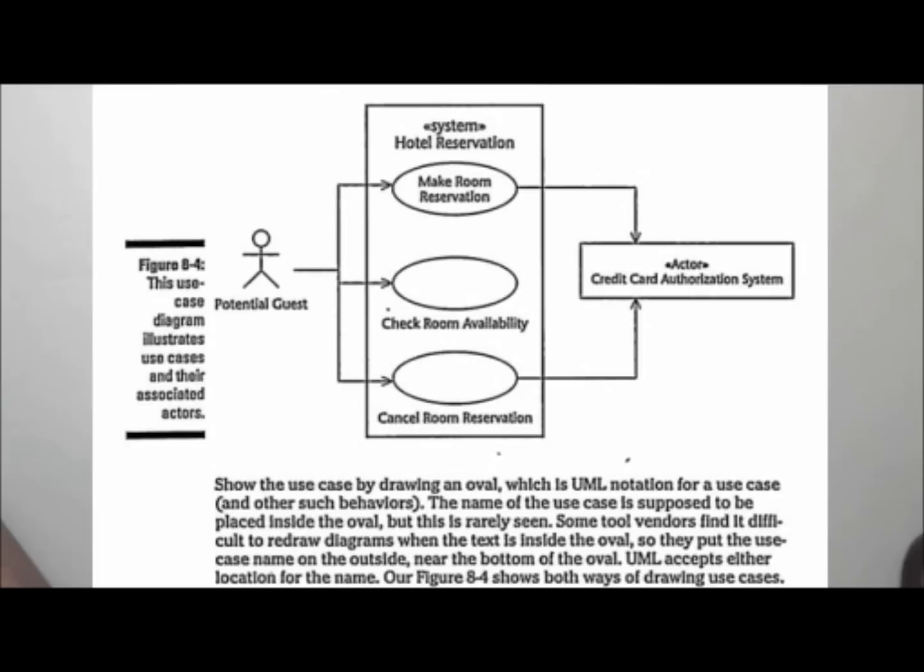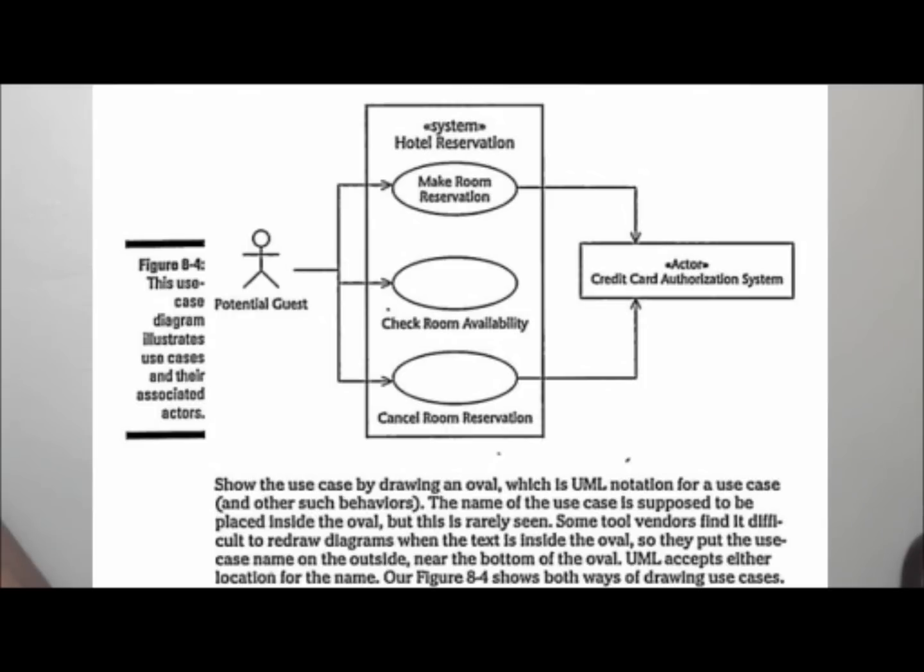Those 3 ovals show the guest on the left and 3 different use cases of how we might use the hotel reservation system. And the beauty of this high-level use case diagram is all the complexity is hidden inside that oval. Then off to the right, you can see that making a room reservation means that there's going to be a credit card authorization that needs to take place, and that's an actor.